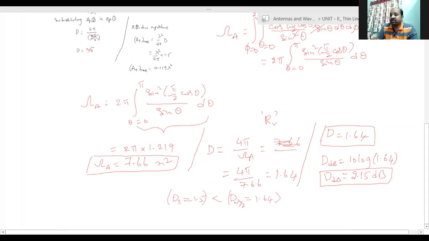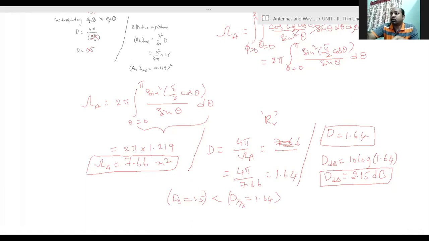So therefore the directivity of half wave dipole is greater than that of short dipole. The same thing we have seen while drawing the radiation pattern. Earlier I drew the radiation pattern of short dipole and half wave dipole, superimposing those two.